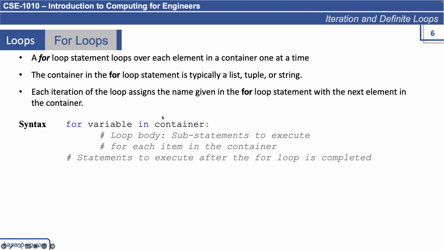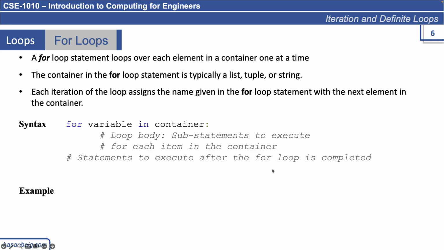In every iteration, it reads an element and assigns it to the variable here. So it repeatedly runs this piece of code, whatever is written inside the indented block underneath the for loop, and whatever is indented outside is considered code which is not a part of the for loop. It will execute once the for loop is completed.